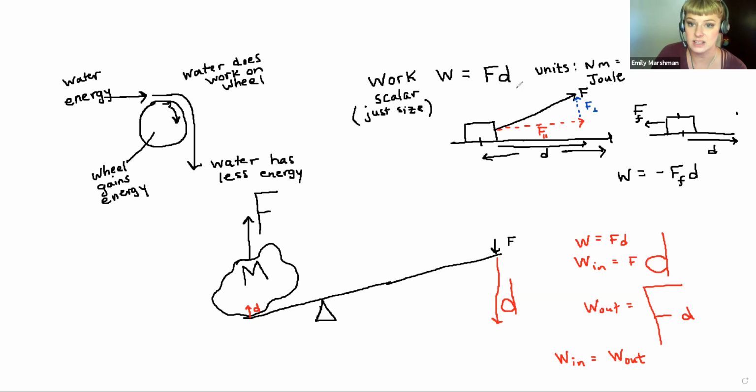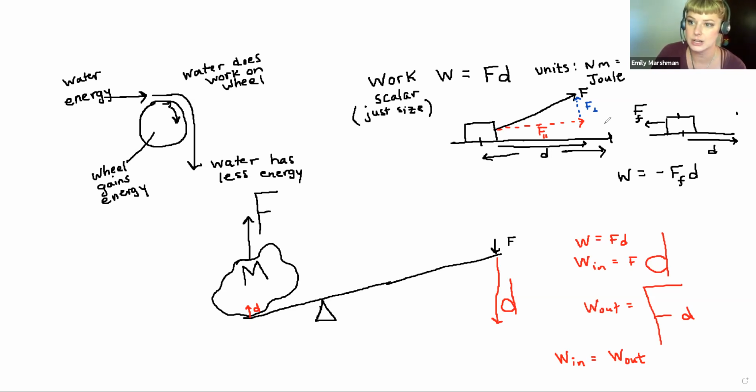And so instead of adding energy, remember, if I do work on something, I add energy to it. So in the case of dragging the crate across the floor, I'm adding energy to the crate. So energy would be positive here. If I release the crate and then it slows down and stops, in that case, the force of friction is doing negative work on the crate. It's removing energy from the system and slowing it down to stop.